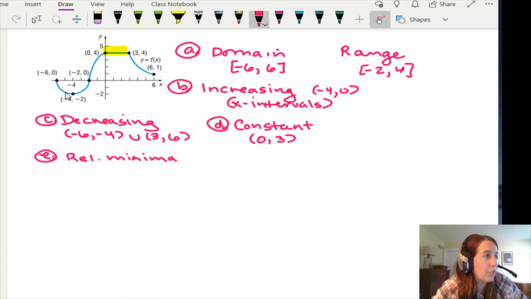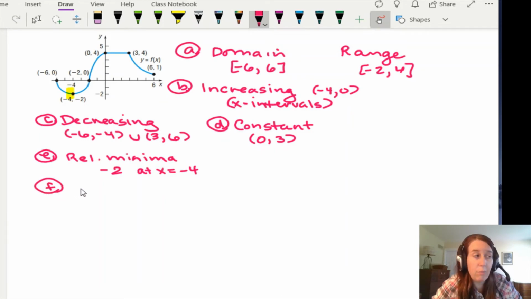Okay, so when we're looking for a valley, we have a valley right here, the bottom of that valley. And then we really don't have any other valleys. Okay, this is an endpoint, so it doesn't count as a relative minimum, although it could be the lowest point overall, but it's not in this case. So the relative minimum, the lowest point we have, the value is -2, and that occurs at x equals -4.